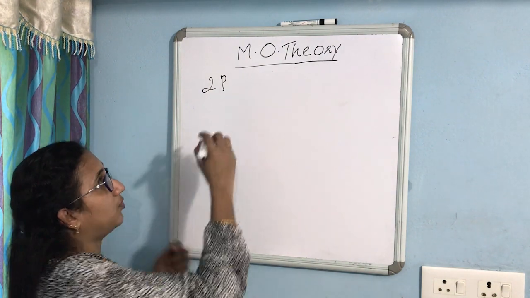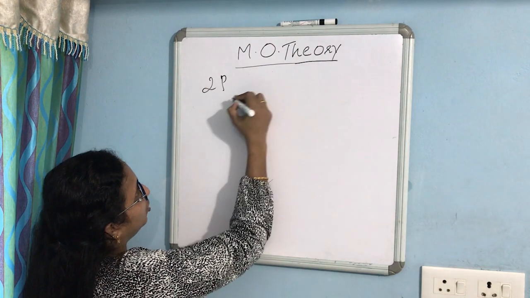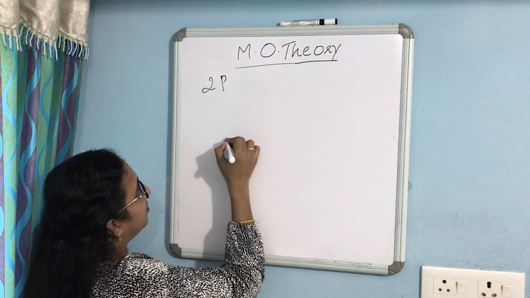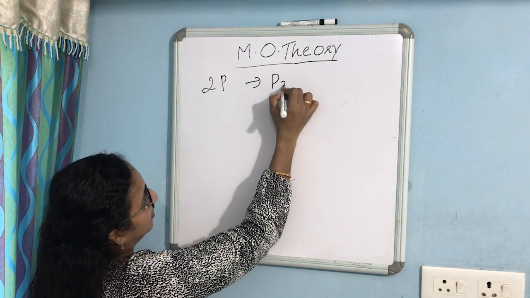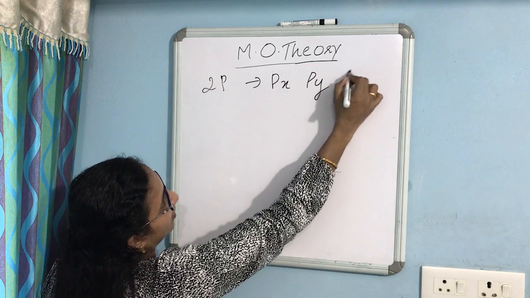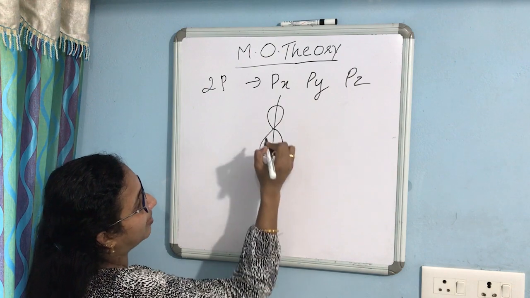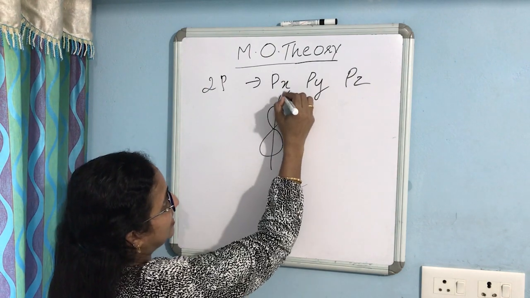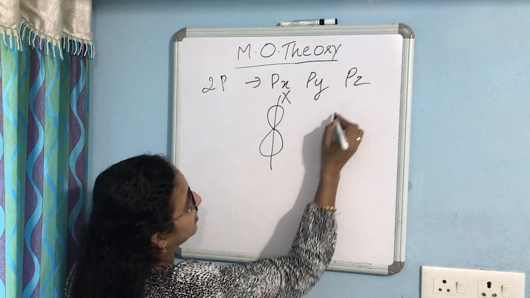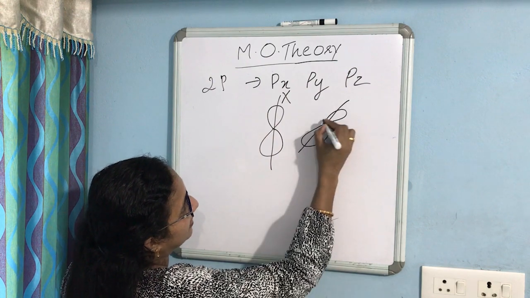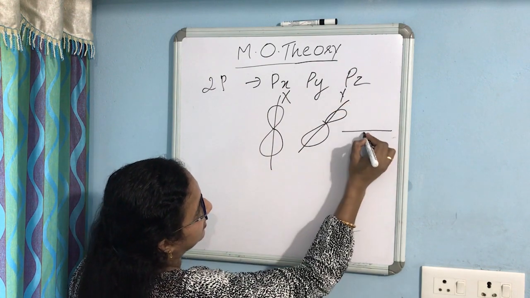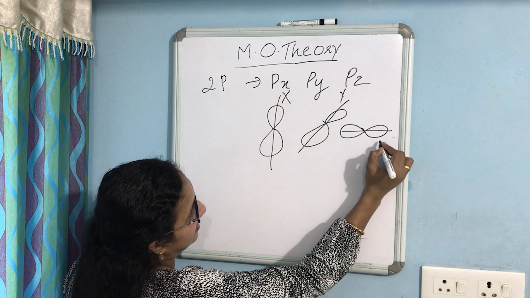So here, we know px, py and pz are the 3 p orbitals. Px is the dumbbell lying along the x axis, py is along the y axis and pz is along the z axis.